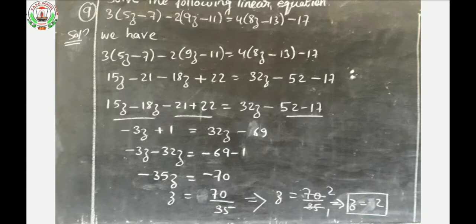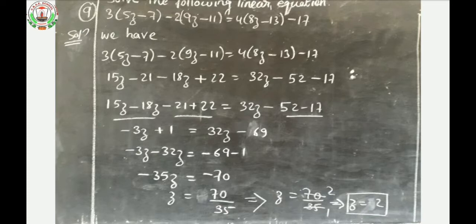So as we solved question number 8, in the same way we have to solve this also. So first what we are going to do, we have to open the bracket by multiplying the number to the terms inside the bracket. So 3 will be multiplied with 5z minus 7, then minus 2 will be multiplied with 9z minus 11, then 4 will be multiplied with 8z minus 13, and 17 is a constant number.